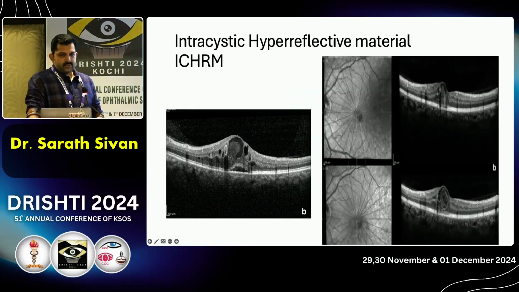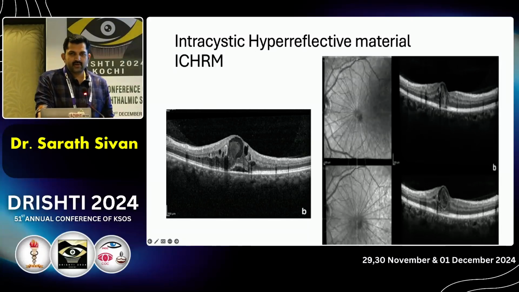Another OCT biomarker is intracystic hyperreflective material, or ICHRM. It's not only fluid that accumulates in the extravascular space; along with the fluid, fibrin, macrophages, heme, protein, etc. are transferred from the intravascular to the extravascular space. These get accumulated within the cyst.